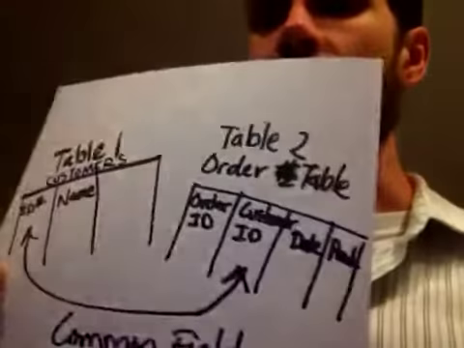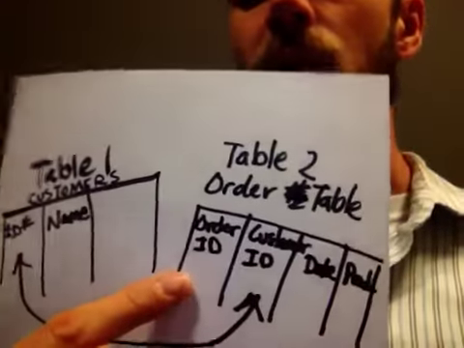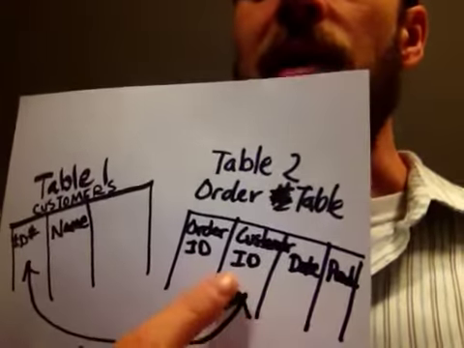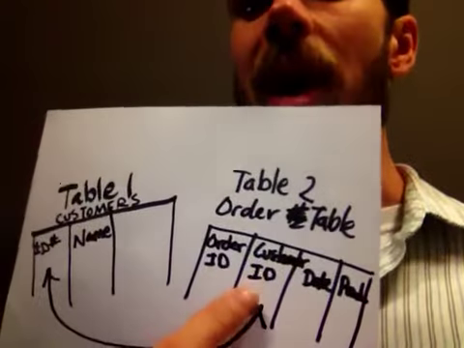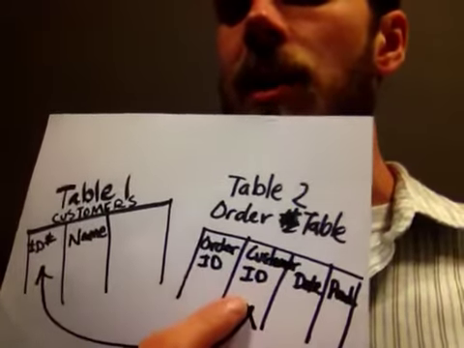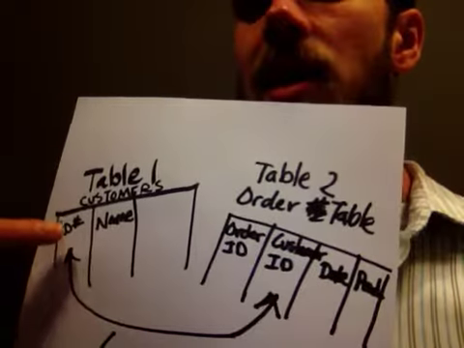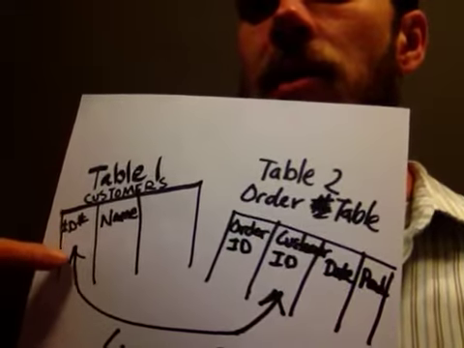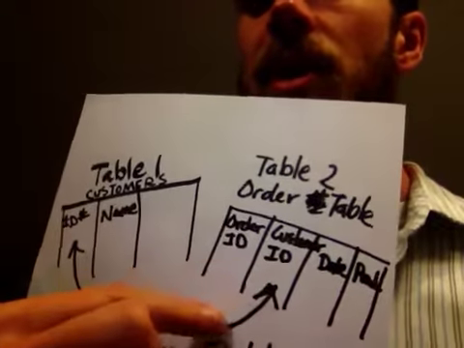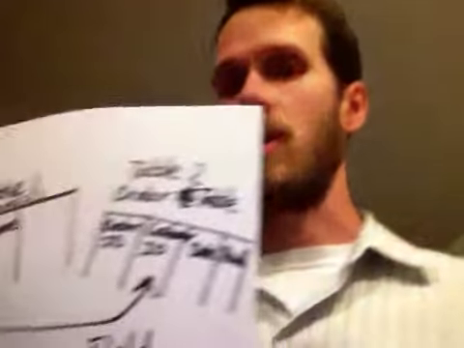In that orders table, you would have your order number, but then you'd have a customer number. That customer ID number could then be connected to the ID number in the customers table. This is a way that you can draw those connections, right?